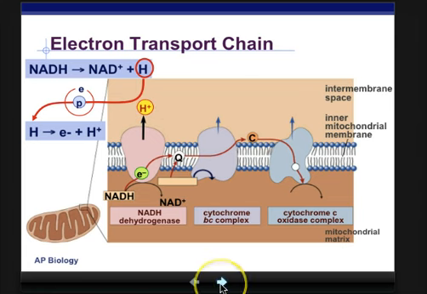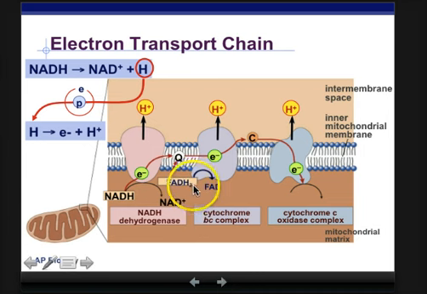Then the electron gets carried over, out goes another proton, here's another electron, and out goes a proton.